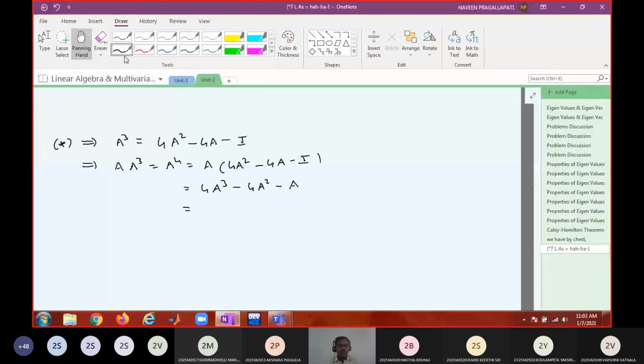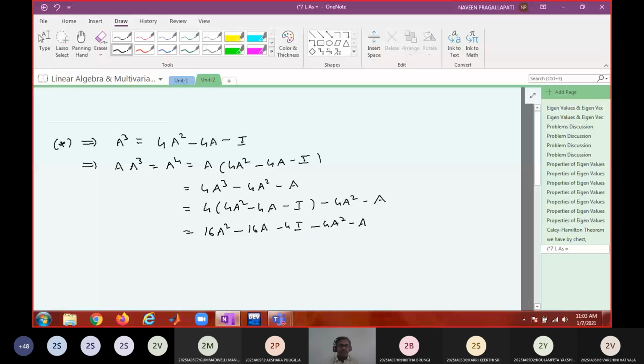So write 4 into 4A square minus 4A minus I, minus 4A square minus A. Simplify this: 16A square minus 16A minus 4I minus 4A square minus A. So this is 12A square minus 17A minus 4I. Am I right?